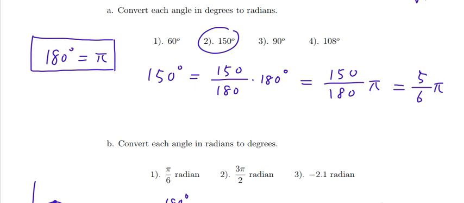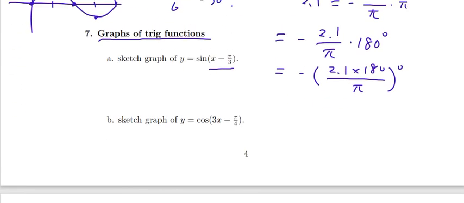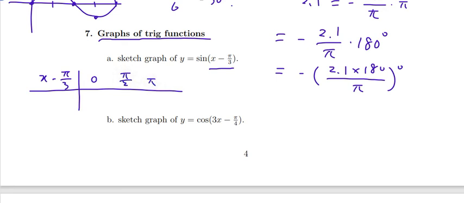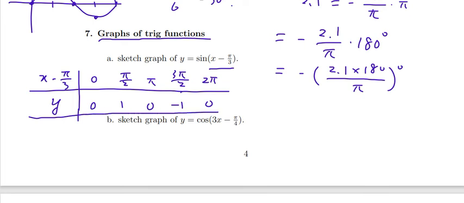When this angle equals 0, pi over 2, pi, 3 pi over 2 and 2 pi, these are the typical angles, so we know sine's value, or y's value, is 0, 1, 0, negative 1, 0.